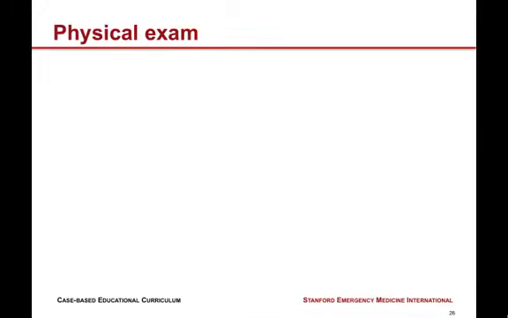Now going on to the physical exam, the purpose of which, in our case, is to confirm a diagnosis that we already have a strong suspicion for based solely on the history we took from the patient. At this point, the patient is more likely to have pneumonia than reactive airway, and almost certainly does not have pulmonary edema and heart failure, and almost certainly does not have a pleural effusion.